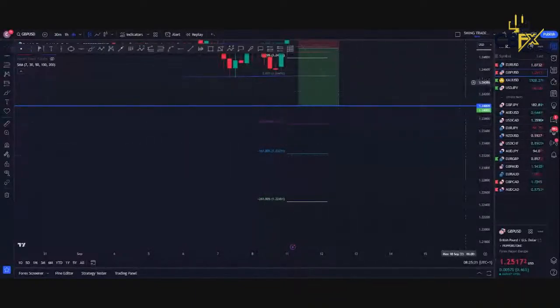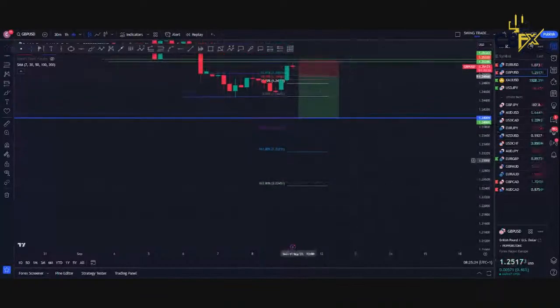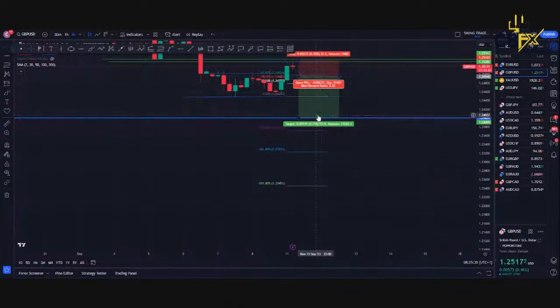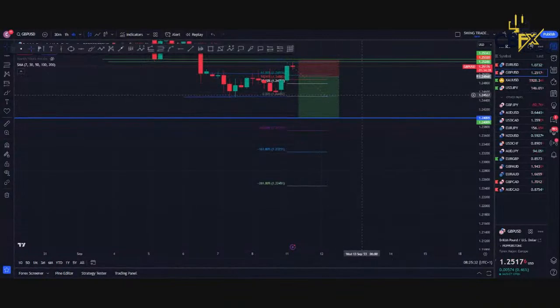I'm expecting price to get there. Worst case scenario, it will tap into this 100% and bounce back. At the moment, I may have taken 2.5% on this trade.